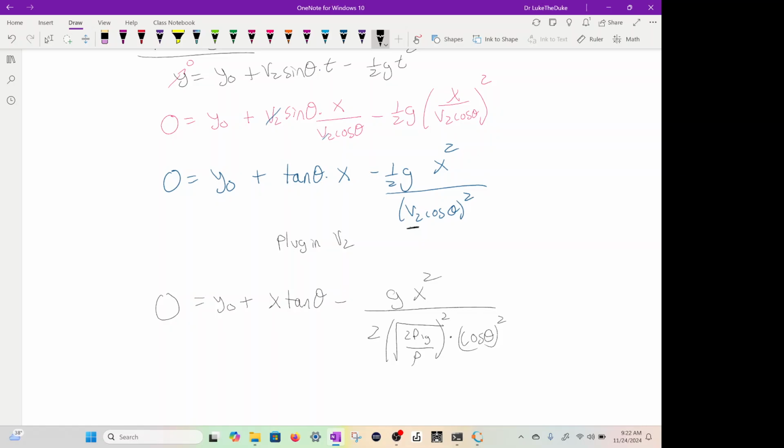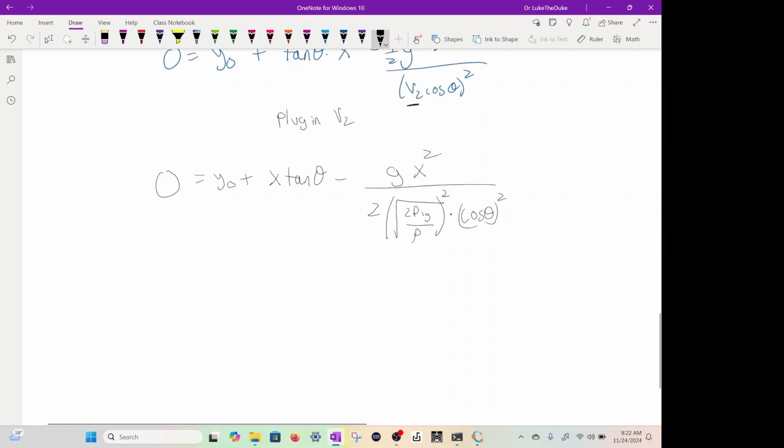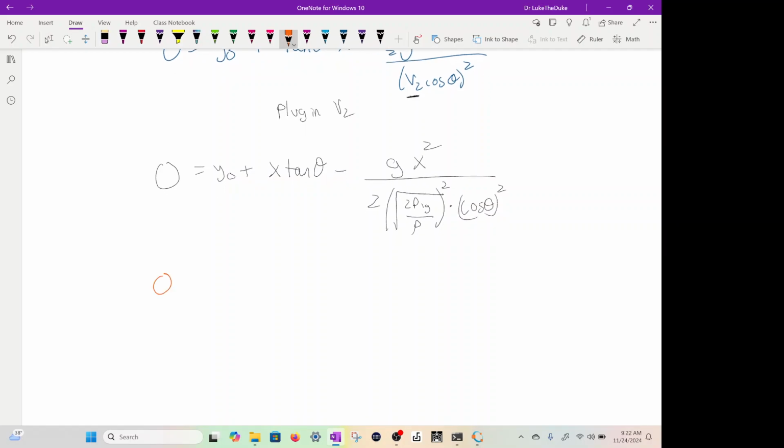Okay, I kind of plugged in v2 and then took the square. Now the square root of a square, you just get the same thing. So let me write this one more time. We get y naught plus x tan theta minus g x squared over 2 times 2p1 gauge over rho times cosine theta squared.